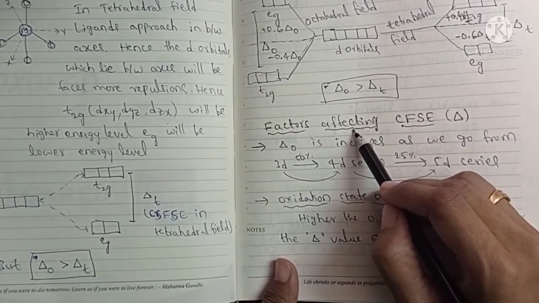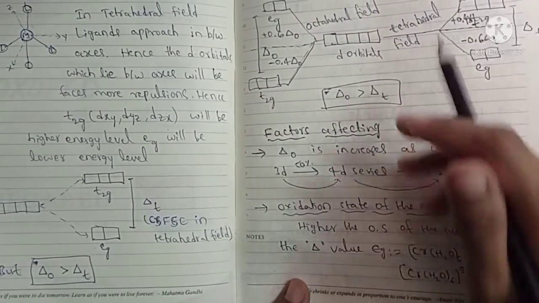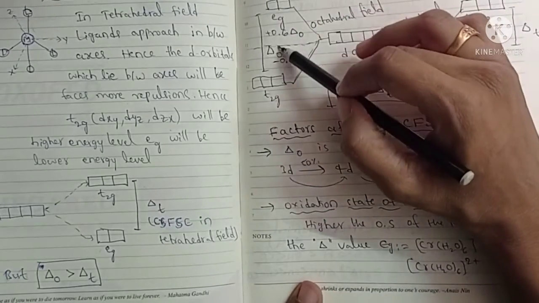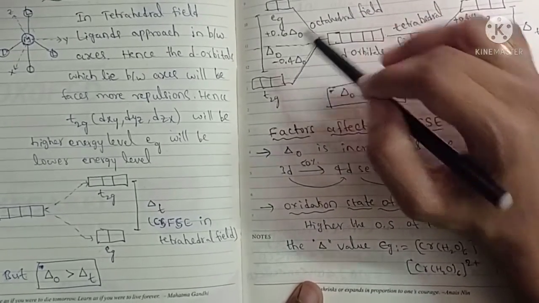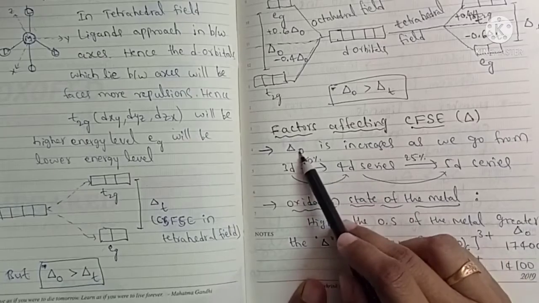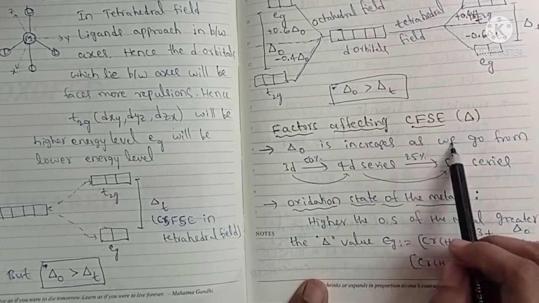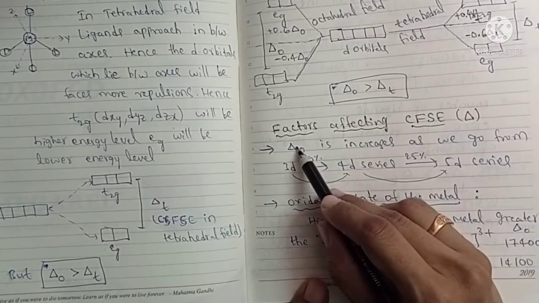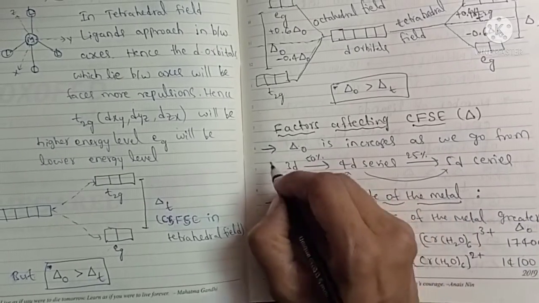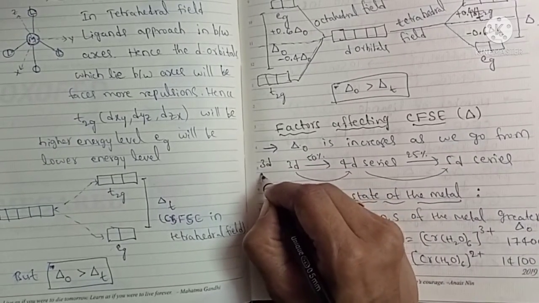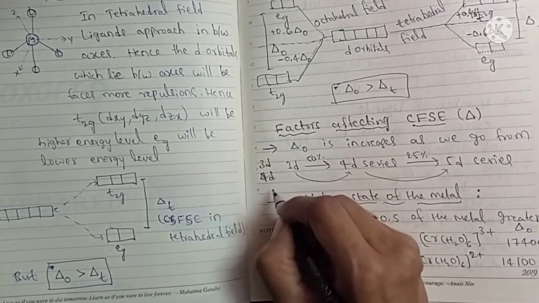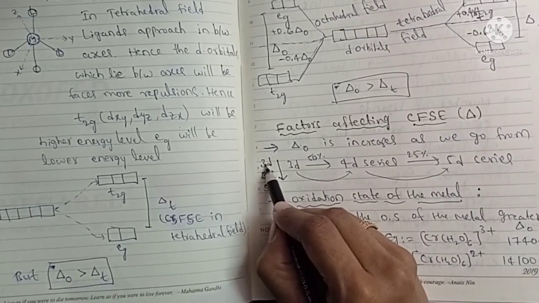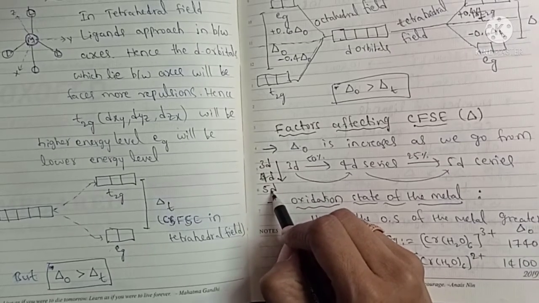Next topic is factors affecting CFSE. So what are the factors affecting this gap? The first factor is that delta o increases as we go from 3d series to 4d series to 5d series. So this delta naught value increases as we go down the group: first transition series, second transition series and third transition series.